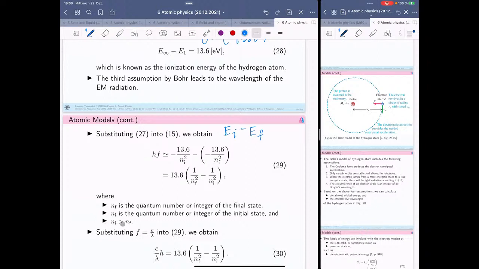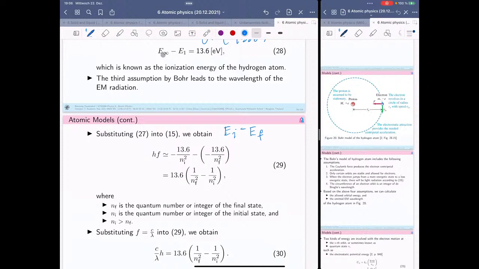The initial should be greater than the final.